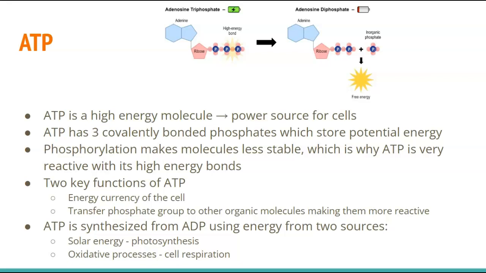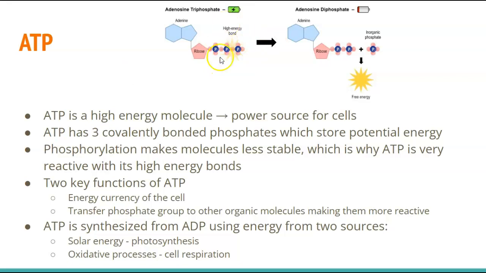The key function of ATP is that it's the energy of the cell, and it will transfer its third phosphate group to other organic molecules, which makes them more reactive.